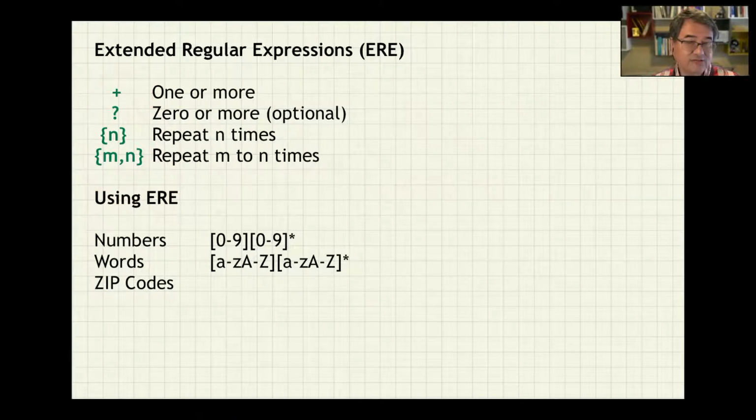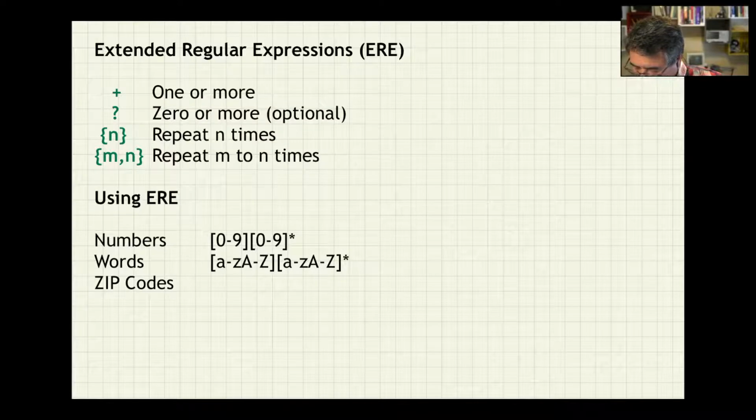And there's actually even more symbols added, but these are the useful ones for us. So there's plus, which means 1 or more. You're already familiar with star, that means 0 or more, but plus means 1 or more. Now, really, you can turn plus into a basic regular expression. So a plus is equivalent to a a star.